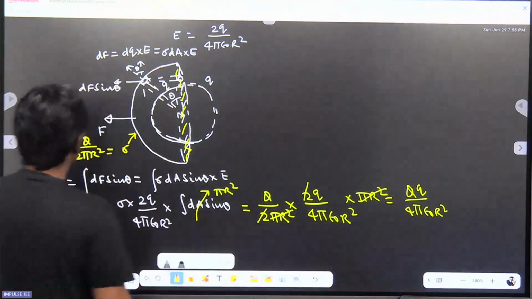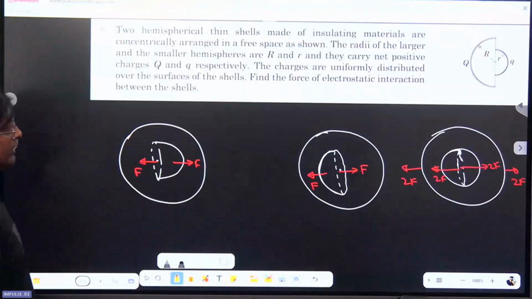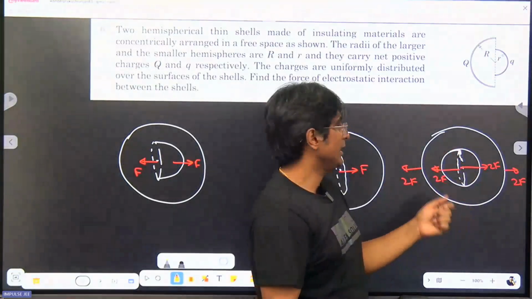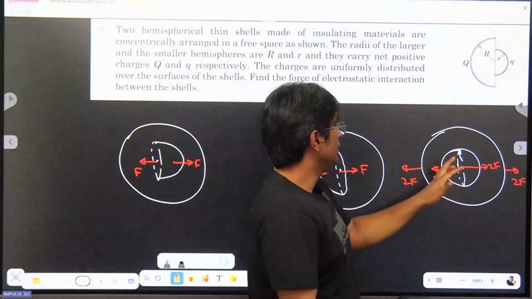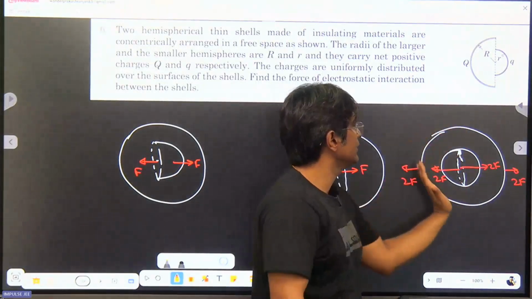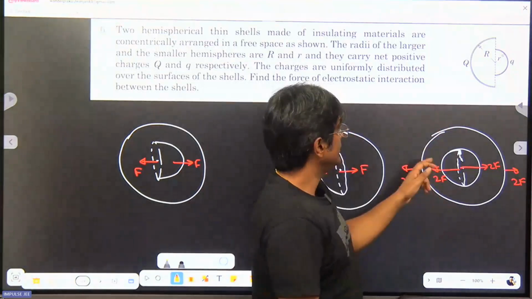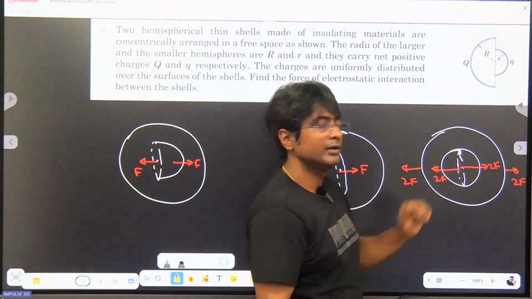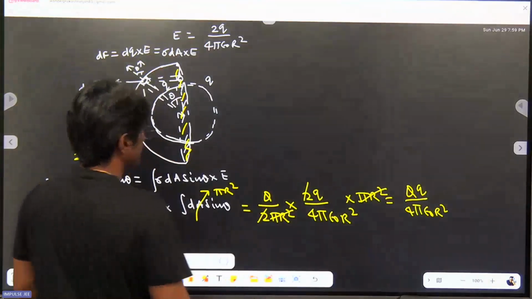But remember, this is the value of 2F, because we made it a complete sphere and we are applying Newton's third law. Whatever force this applies on this half portion as 2F, the half portion will also apply the same force 2F on the complete sphere. So we need to take advantage of this information.